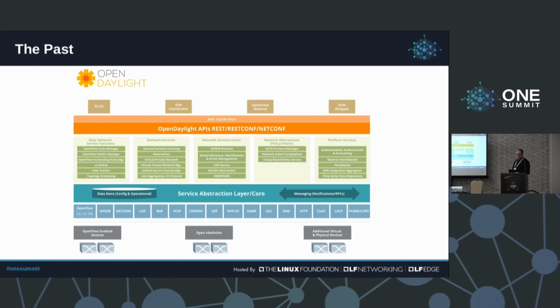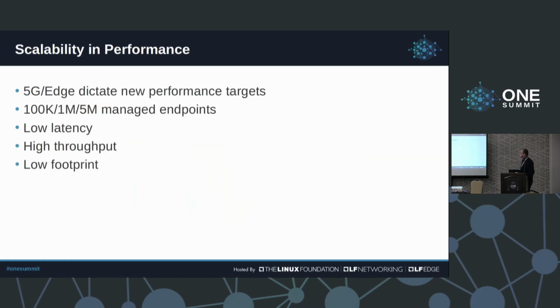With that, we obviously need to move forward, but in order to know what to do, we need to define what our goals are. When I say scalability, it's really multiple things. It's scalability in performance, as in throughput, latency, and similar things you would expect. Just today, I saw a couple of presentations where the number of managed endpoints was quoted in the millions and tens of millions, running across the entire world and working seamlessly.